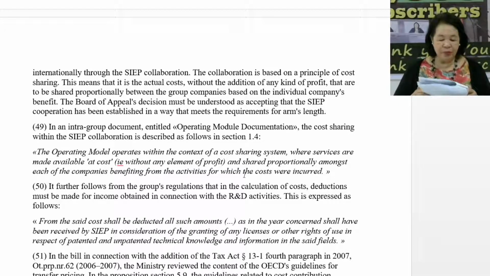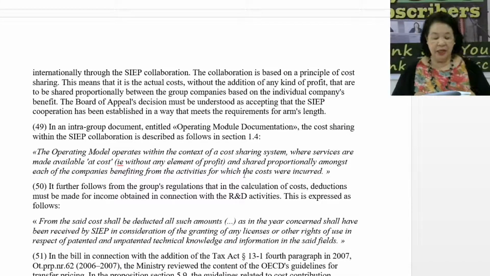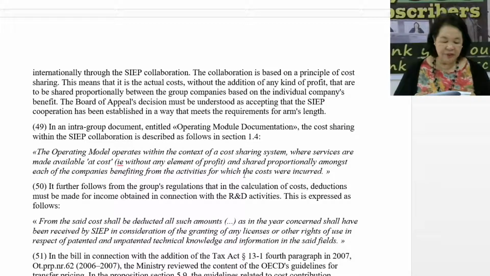So in intragroup documents entitled Operating Model Documentation, the cost sharing within the SIEP collaboration is described as follows. No? So ito naman yung description nila nung intragroup documents. So the operating model operates within the context of a cost-sharing system, where services are made available at cost without any element of profit and shared proportionally amongst each of the companies benefiting from the activities for which the costs were incurred.